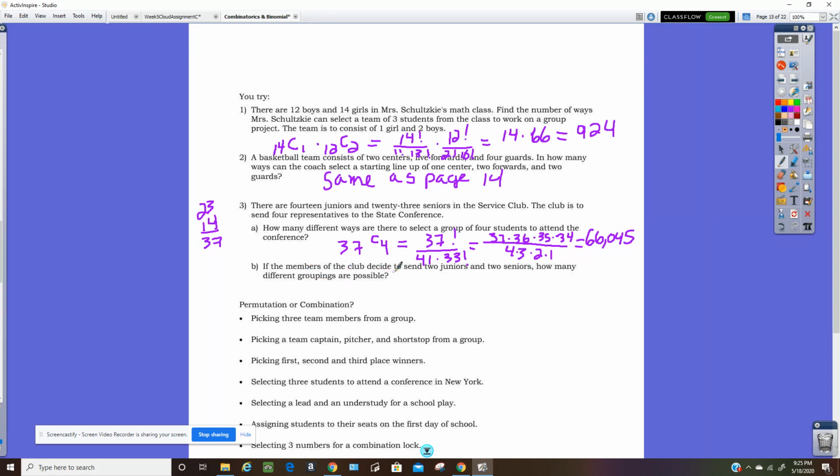If the members of the club decide to send 2 juniors and 2 seniors, so out of the juniors, it would be 14 choose 2. And then the seniors is 23 choose 2.